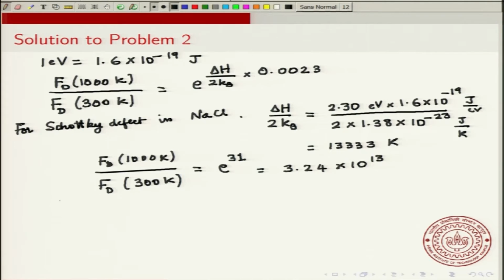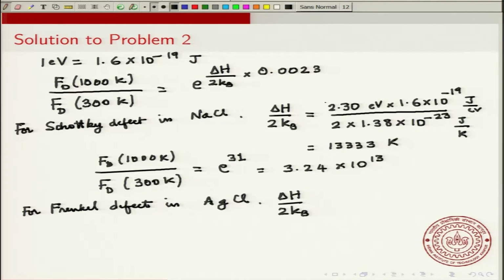Now for Frenkel defect in AgCl, you have delta H by 2 Kb. In this case the 2.30 in this expression is replaced by 1.60, and if you work out that number, it comes to about 9275 Kelvin.